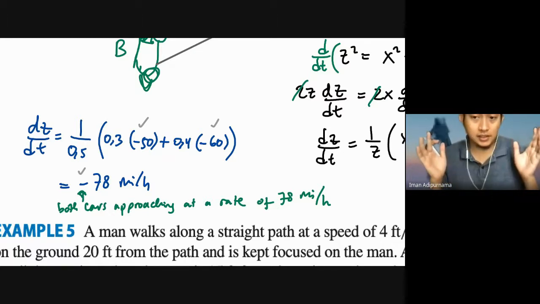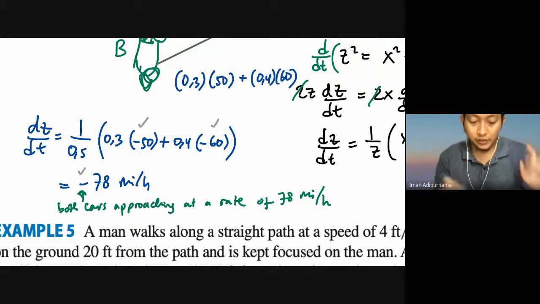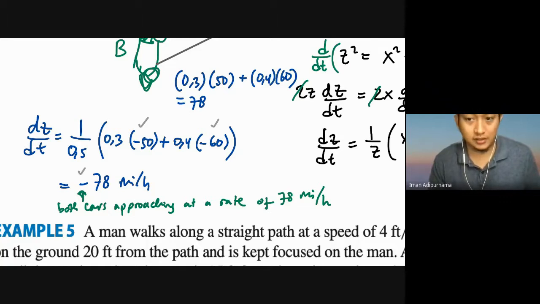Well, it doesn't matter if you are using 0.3 and just positive like that, all positive, and you get a positive answer. Different answer like this, it doesn't matter. It's okay.